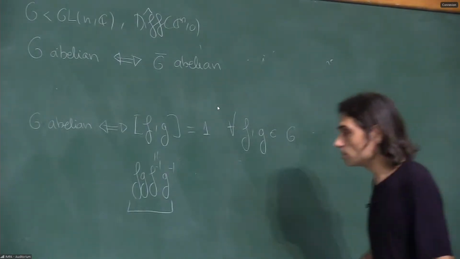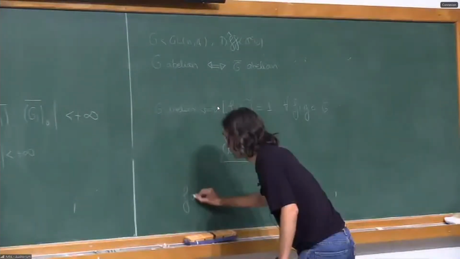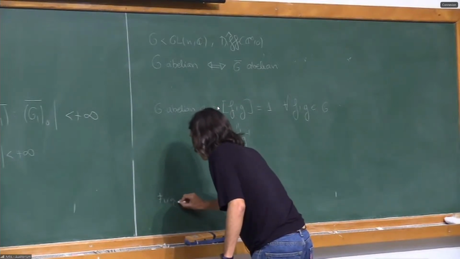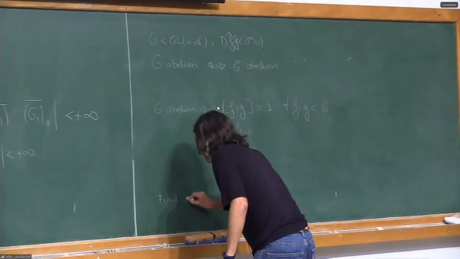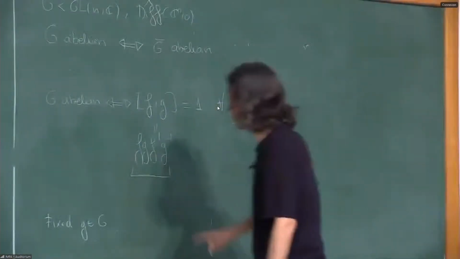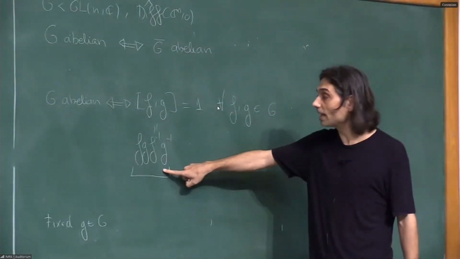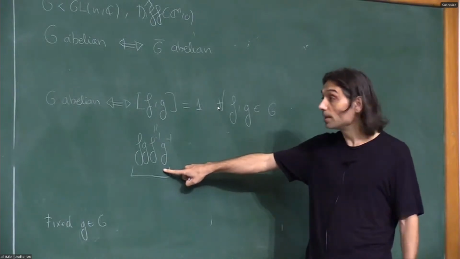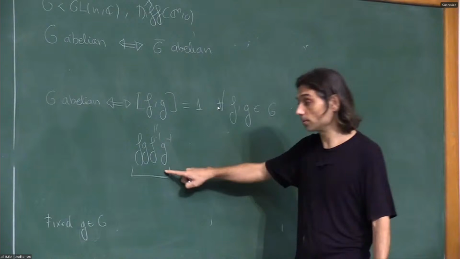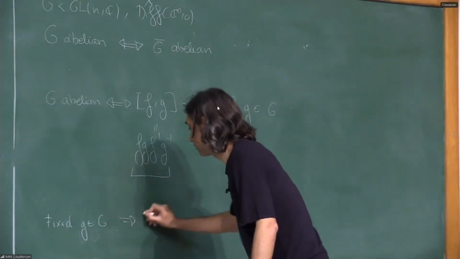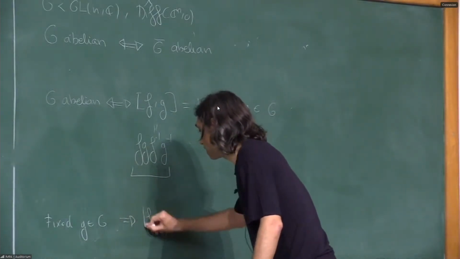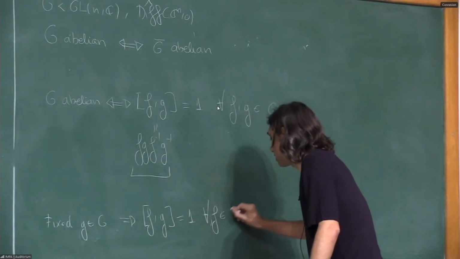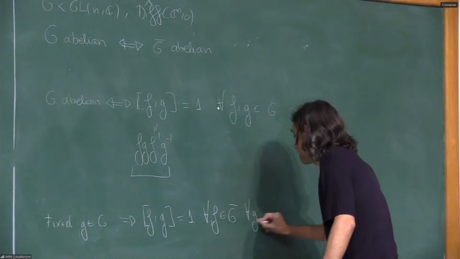So you fixed G, and since this is polynomial in F, and vanishes for every F in the group, it vanishes in the Zariski closure. So you have that the commutator is going to be trivial for every F in the Zariski closure and for every G in the group.